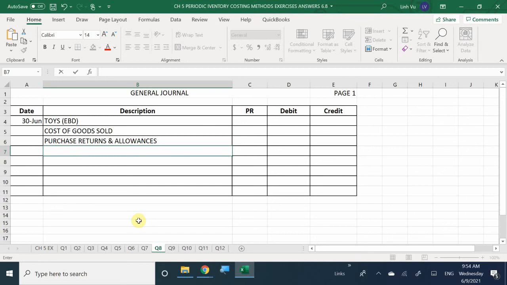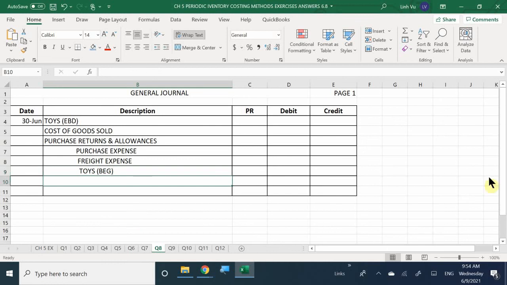Our purchase expense, and the freight expense, and the toy inventory beginning balance. Good. Toys inventory, which I'm going to let you know is the beginning balance. Okay? So let's go ahead and plug in our figures.